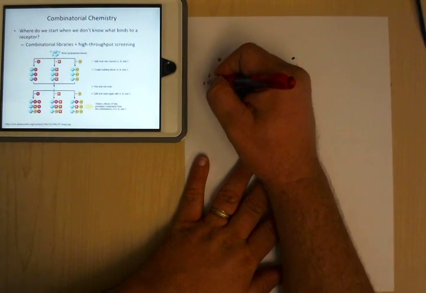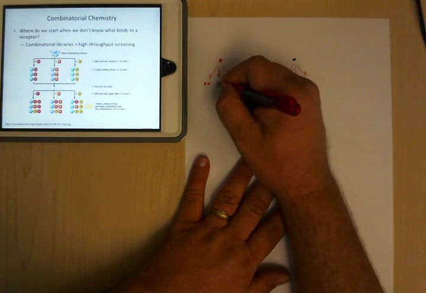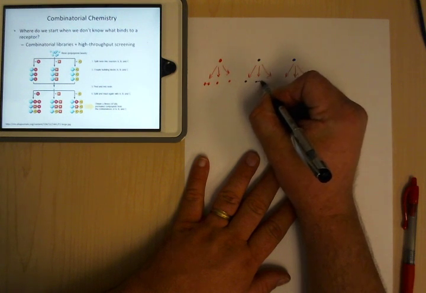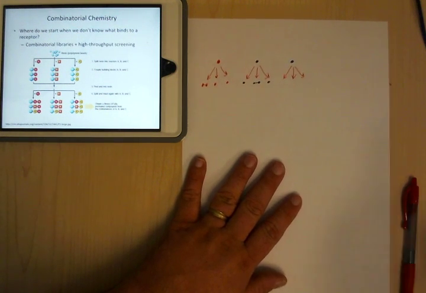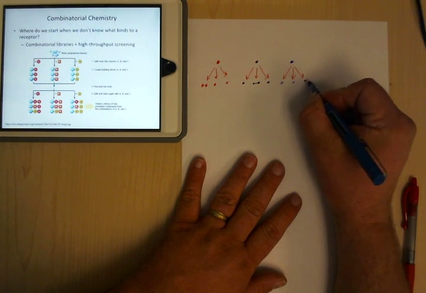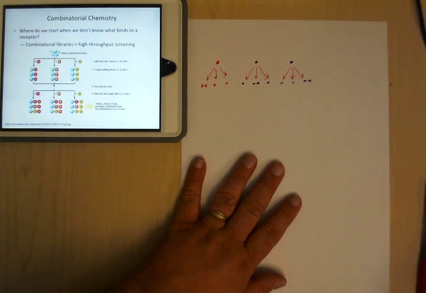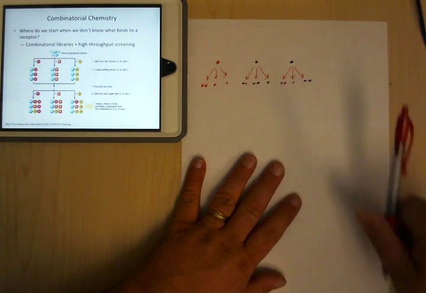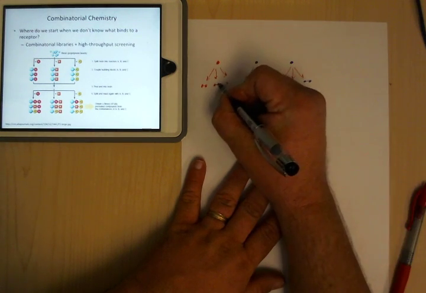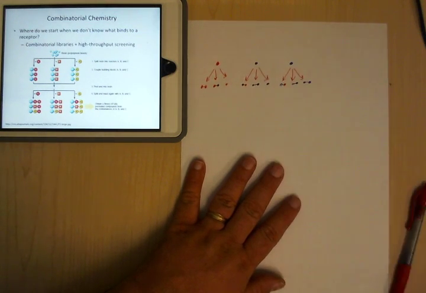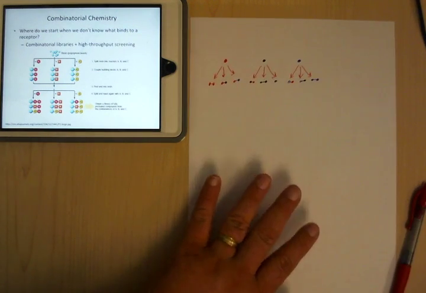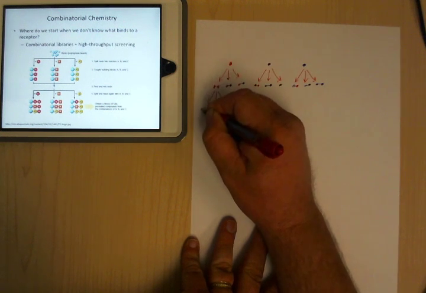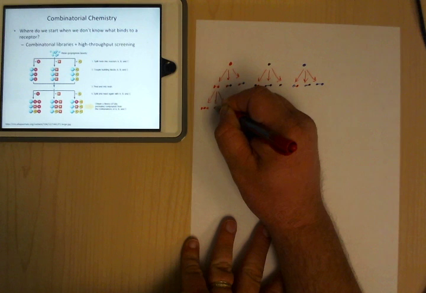We're going to have red, red, black, black, and blue. We're going to do all different combinations of these things. Now we're going to split these again. Now we're going to have red, red, red.